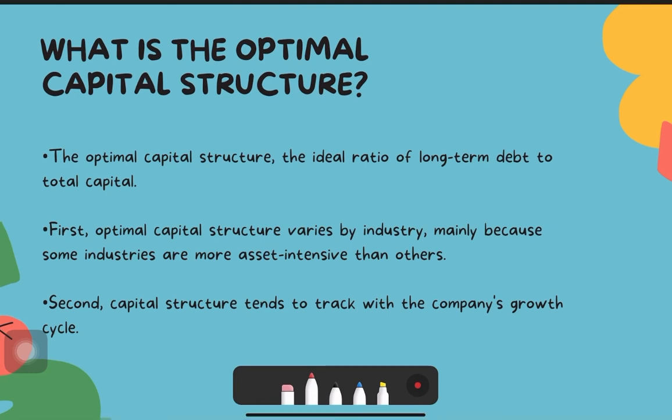And second, capital structure tends to track with the company's growth cycle. Rapidly growing startups and early-stage companies, for example, favor equity over debt because their shareholders will forego dividend payments in favor of future price return.